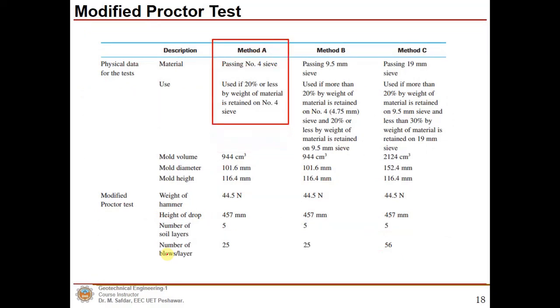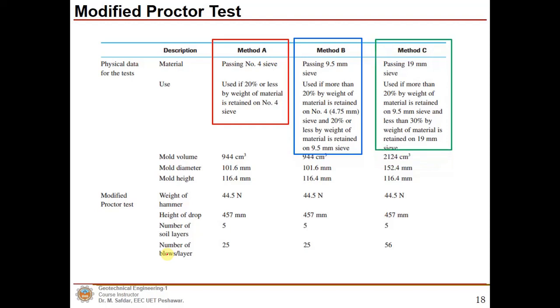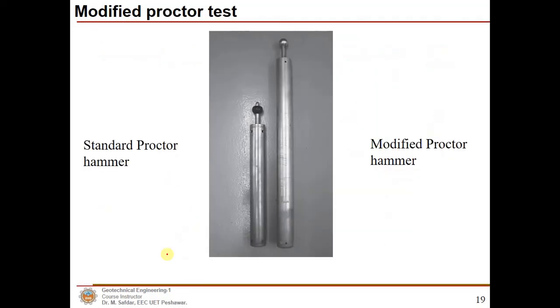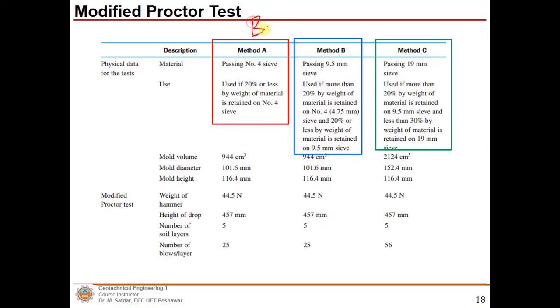Again, based upon the particle size distribution, three methods are used: method A, method B, and method C. You can clearly see the mold volumes and diameters are the same; just based upon the particle size distribution, method A or method B is chosen. Method C is also based upon the particle size distribution, but with a greater mold volume.